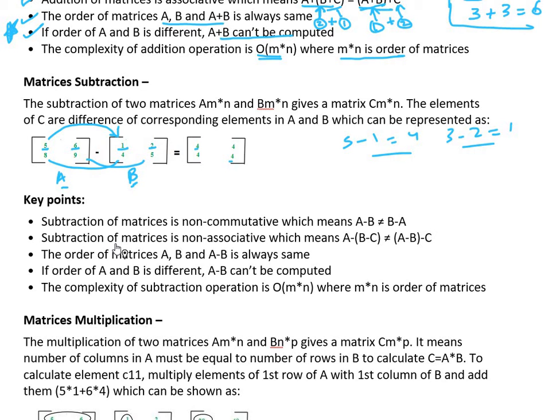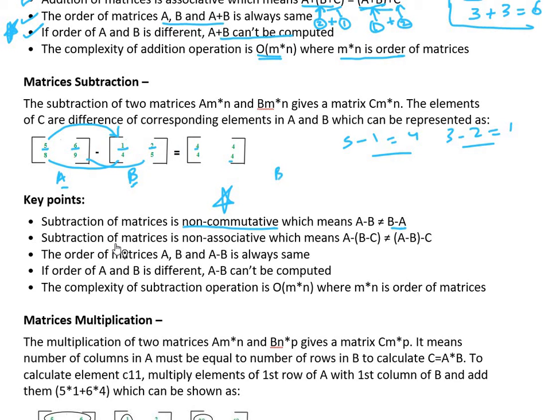And let's go over the key points. The subtraction of matrices is non-commutative, which means, yeah, this is the important point to note. It's non-commutative, right? Why non-commutative? You can directly see if we subtract B from A, or let's say we subtract A from B, now what will happen? We'll get 1 minus 5.